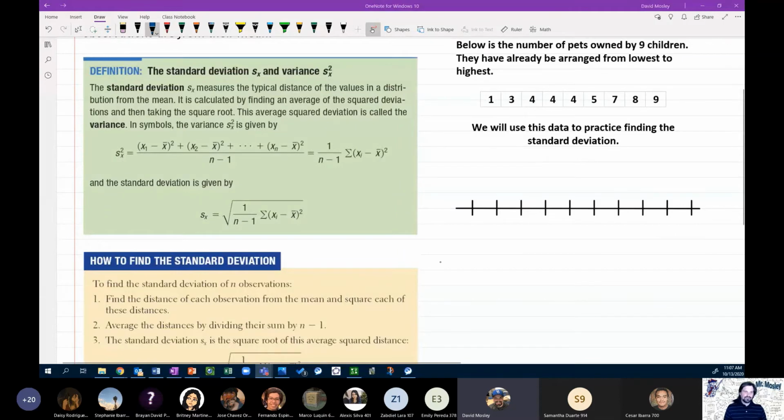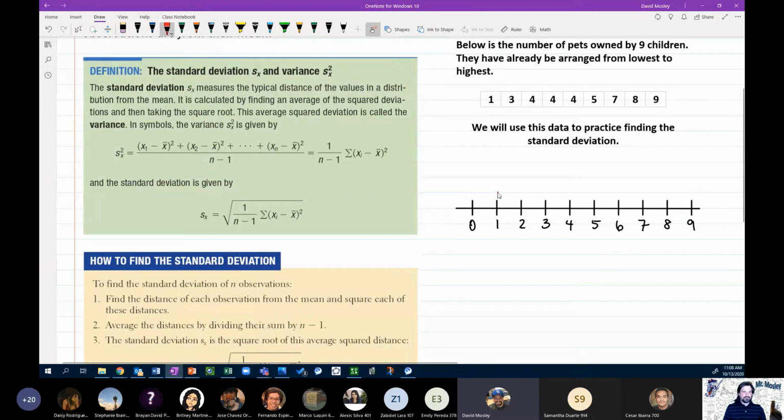First, we're just going to make a dot plot so we have an idea of what this distribution looks like. So we have 0, 1, 2, 3, 4, 5, 6, 7, 8, 9. And we'll do some dots.